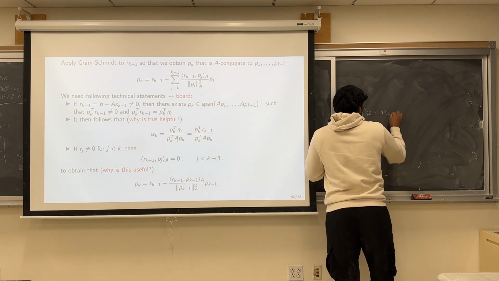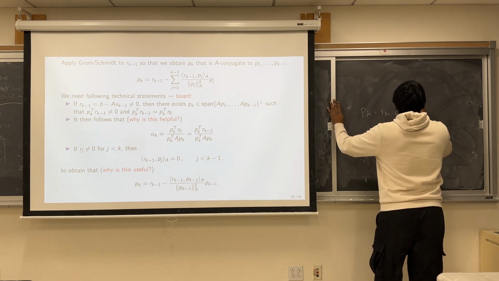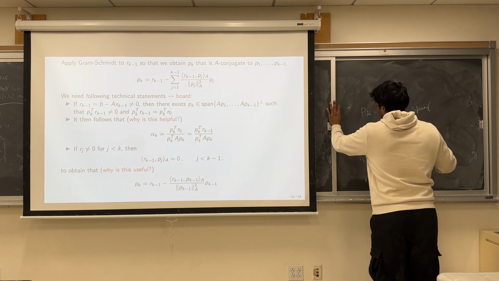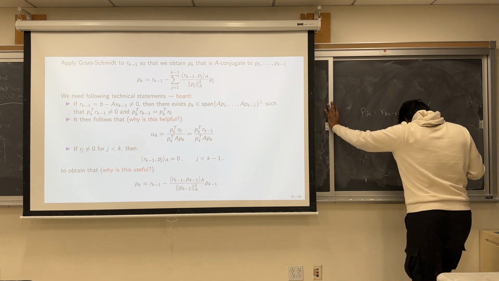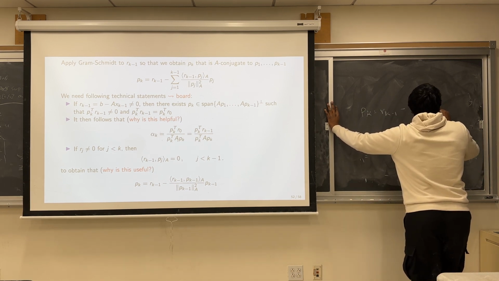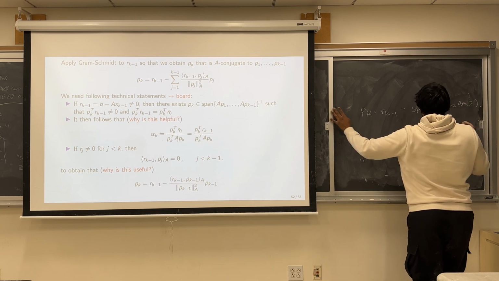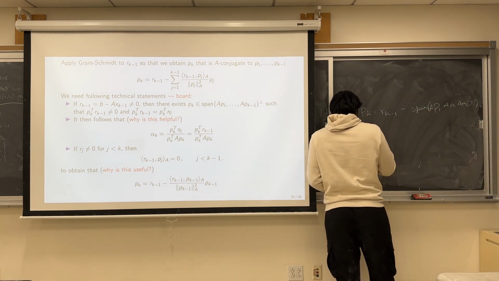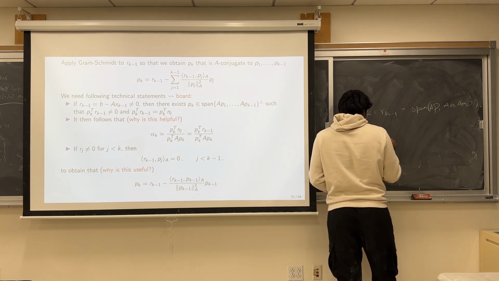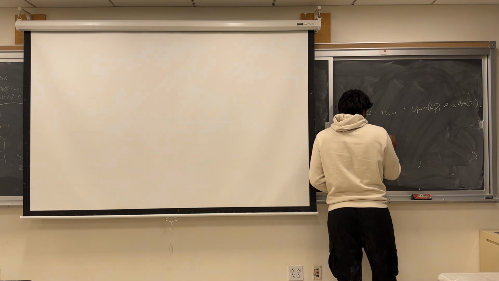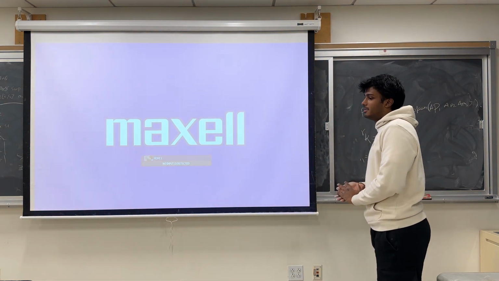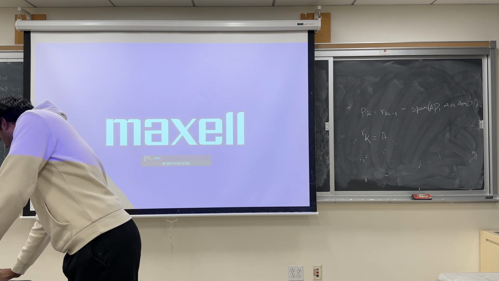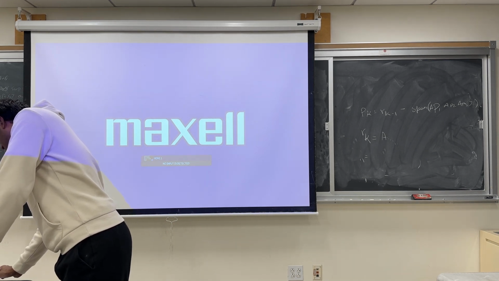P_k is R_{k-1} minus whatever directions of AP_1, AP_2, AP_3 we have. My R_k will depend on how we minimize it. So let me look at that, okay? Let me just look at this.